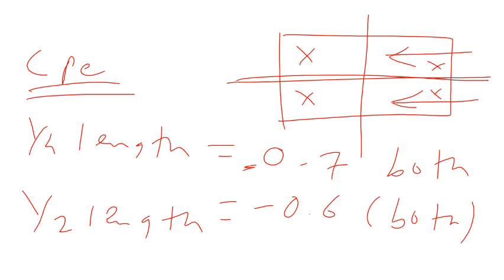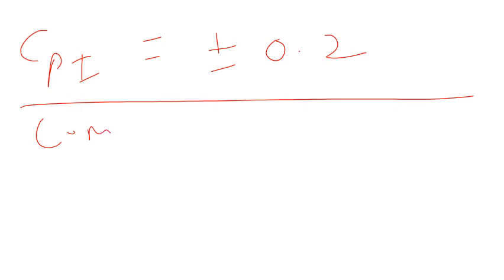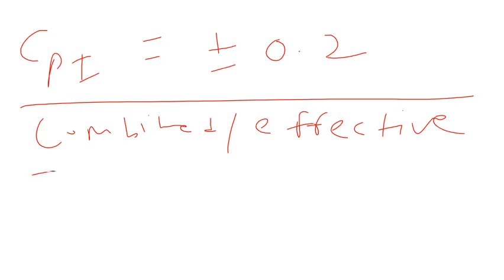Now we need the internal pressure coefficient. So again from Table B9, CPI will be equal to, for normal permeability, plus or minus 0.2. Now find out the actual values, the effective values, or the combined effective pressure coefficients, and we know the formula. Let's do it.